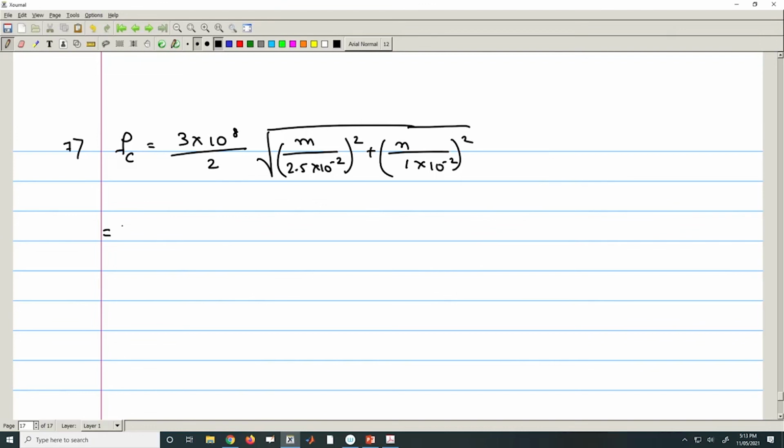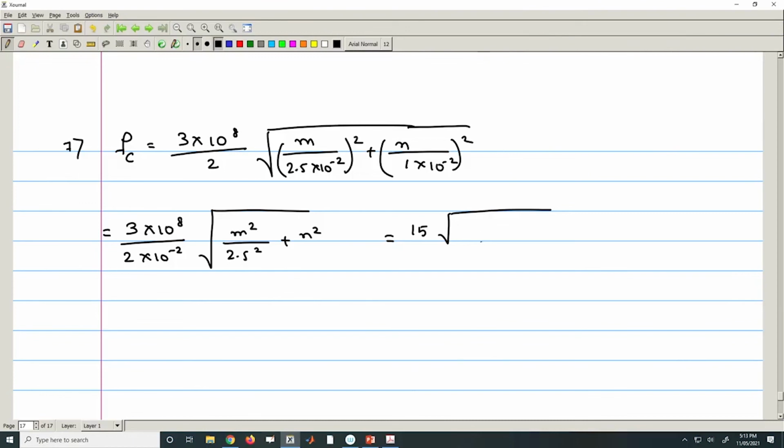Now we can solve it like m square upon plus n square. That gives us 15 root over of m square upon 2.5 square plus n square. Okay.